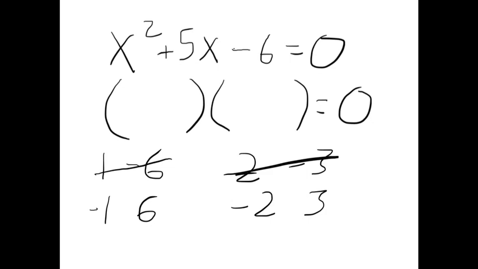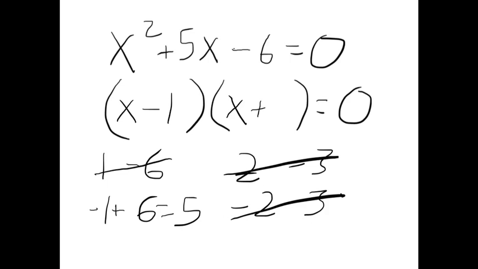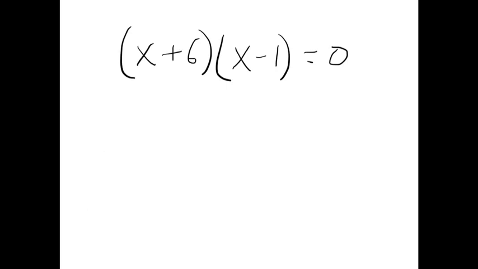Negative 2 plus 3, that would be positive 1. So the only one that works here is negative 1 plus 6 equals positive 5. So those are my answers. This is the factored form. That's the factored form of this quadratic equation, which leads us to our solutions.